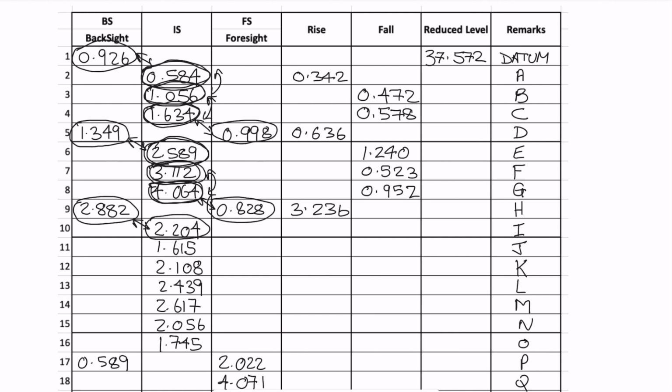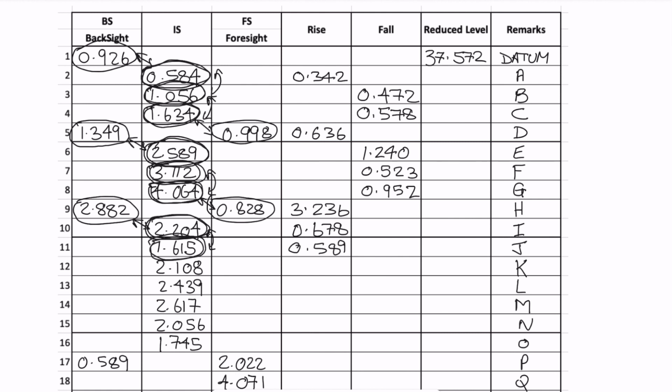That represents a rise. The absolute difference goes under the rise column. And repeat again. Next two readings, work out the difference. Second one is smaller, therefore that represents a rise.